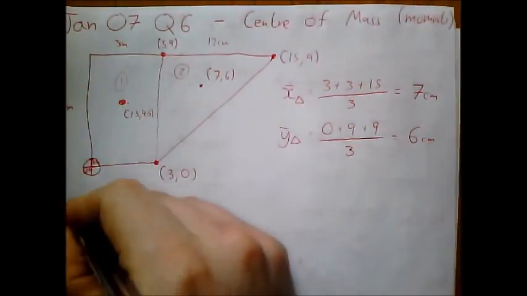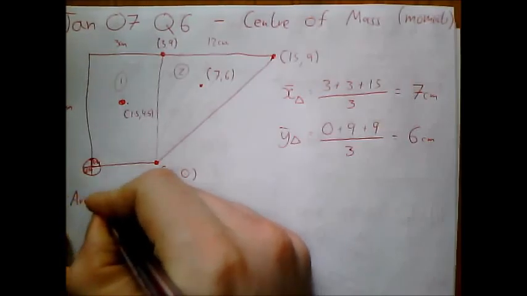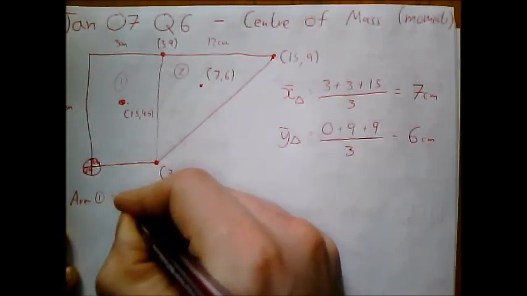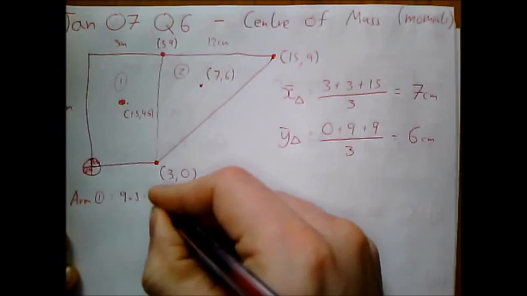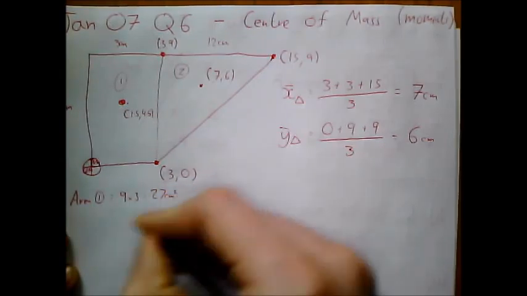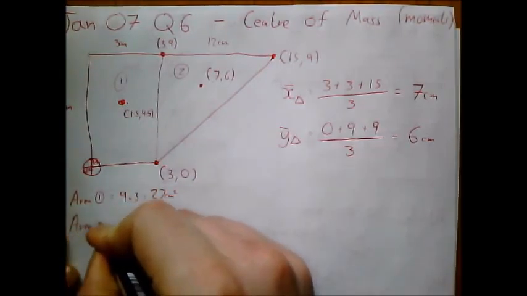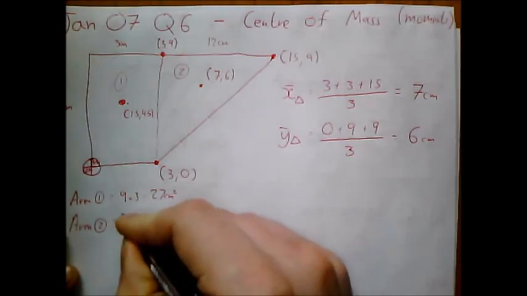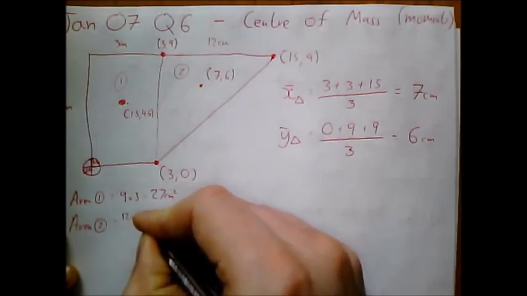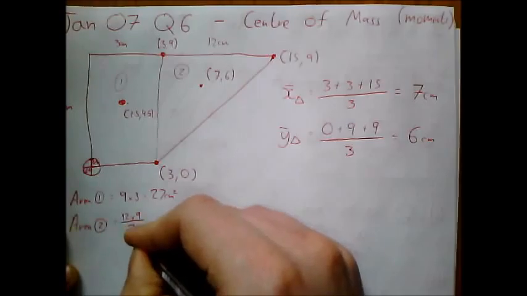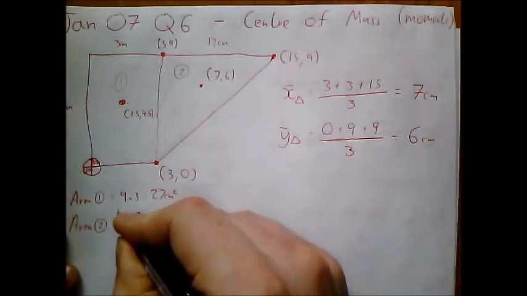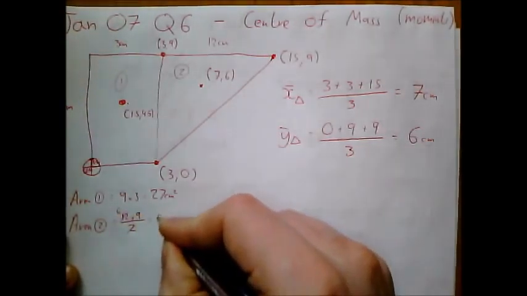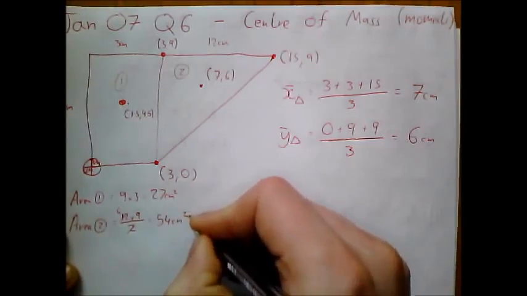So area 1 is 9 times 3, which is 27 centimetres squared, and area 2 is 12 times 9 all over 2, 6 times 9, 54 centimetres squared.